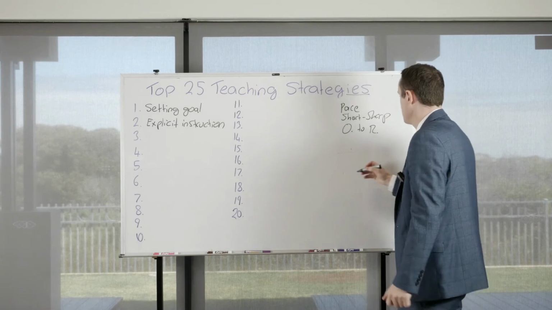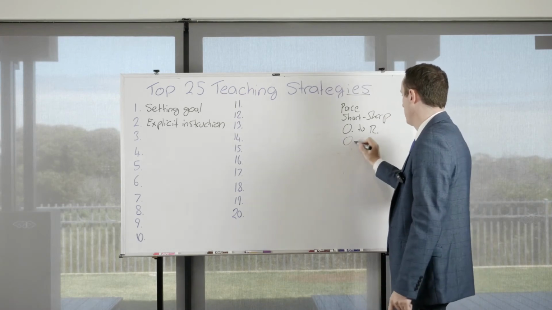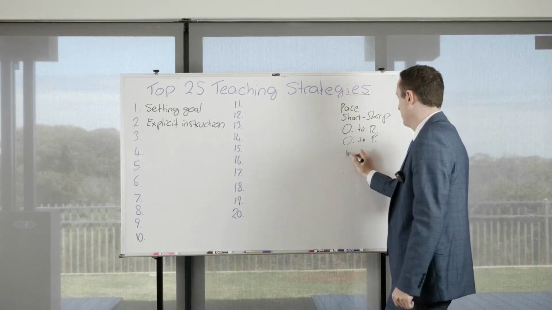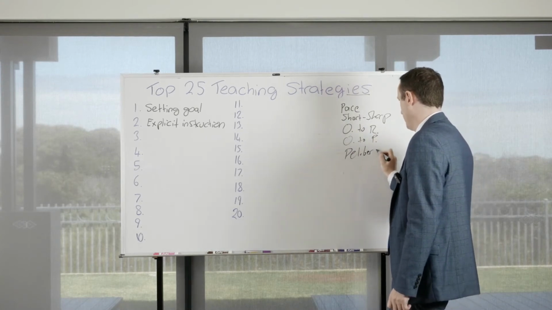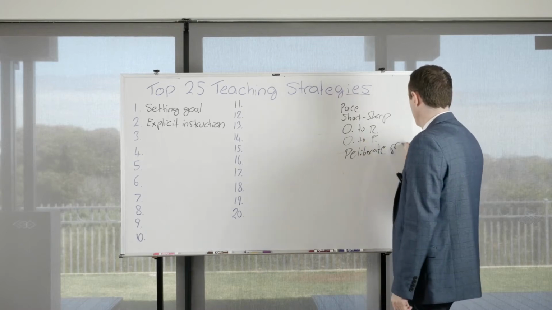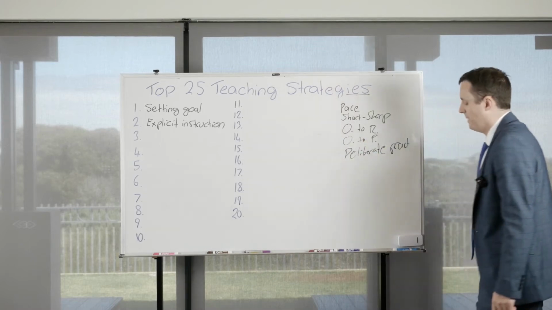I like to use a term called opportunities to practice as well, and quite often there'll be deliberate practice, which is the same thing really, right? Deliberate practice is one of the other strategies actually, and it's a part of that.